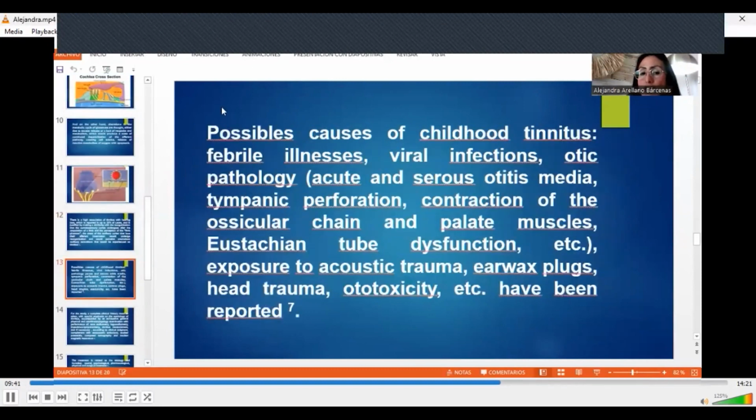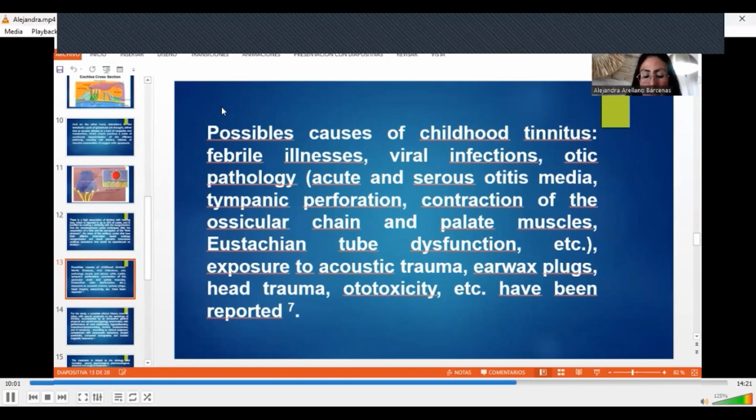Talking about the etiology, we have different possible causes that can cause the symptom in childhood.